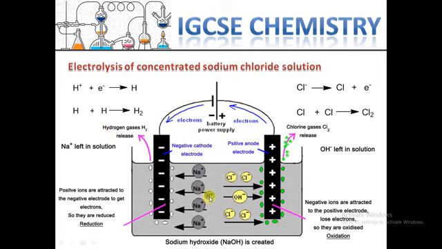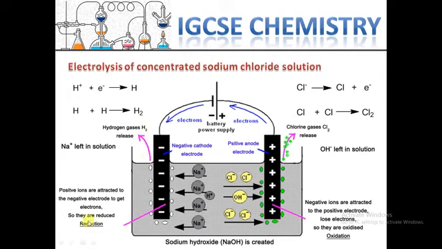Why? Because hydrogen at the cathode does not have enough electrons, it is looking for electrons, and it gets electrons from the negative cathode. Where does this electron come from? It comes from the battery. Two neutral atoms can react and make hydrogen gas, then the gas is released and moves out.